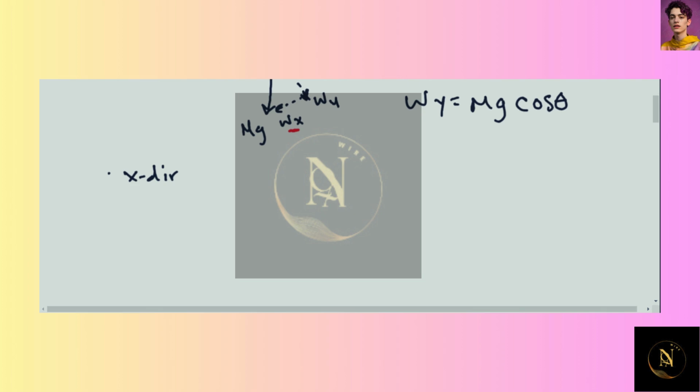So we have wx, which is mg sine theta, minus kinetic friction, mu k times Fn, equals mass times acceleration, because the car is trying to accelerate.